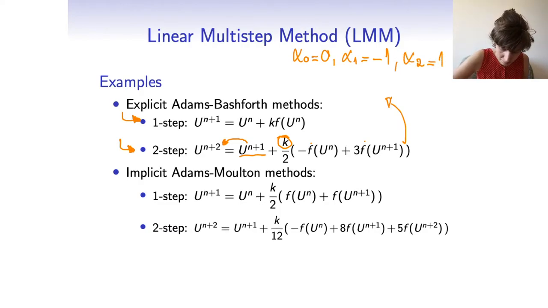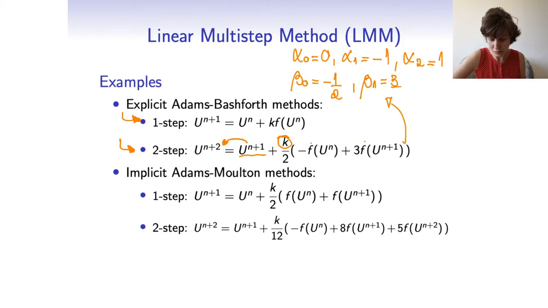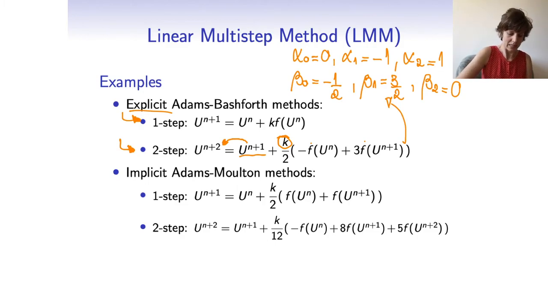And our beta 0 equals minus 1 divided by 2, okay? And our beta 1 equals 3 divided by 2, and the beta 2 equals 0. So therefore it is indeed an explicit method. And we have examples of implicit Adams-Moulton methods.